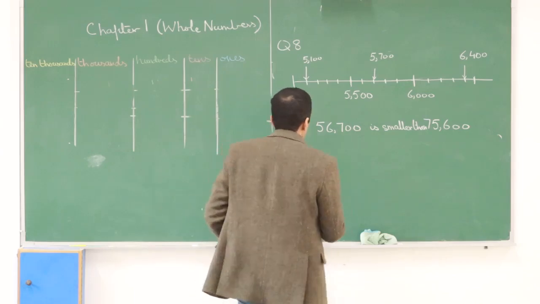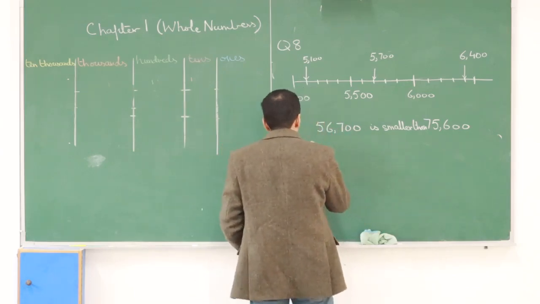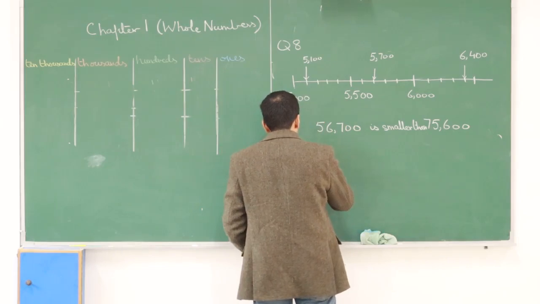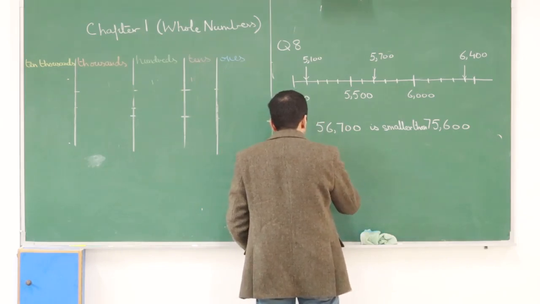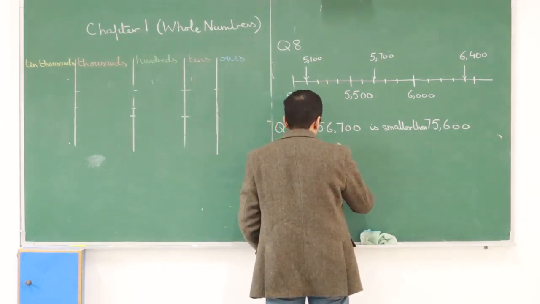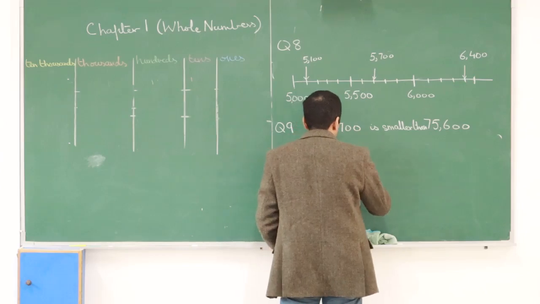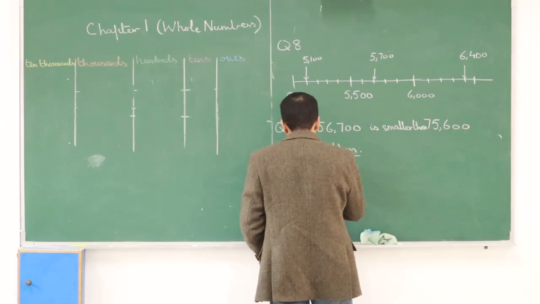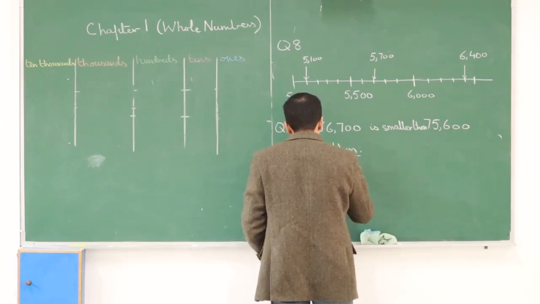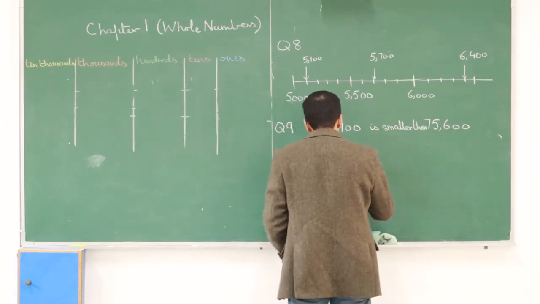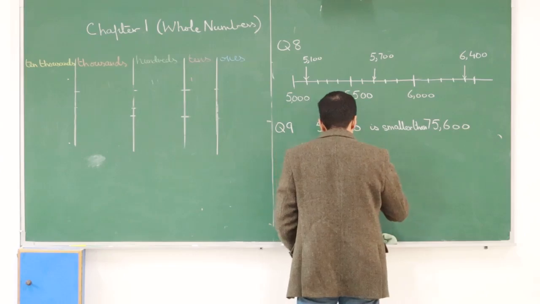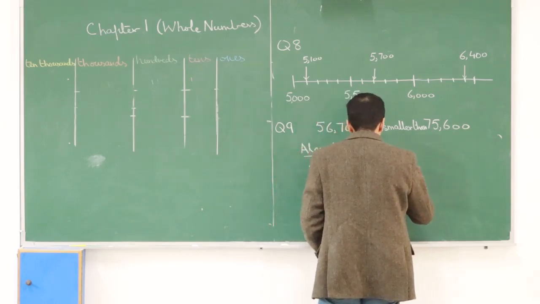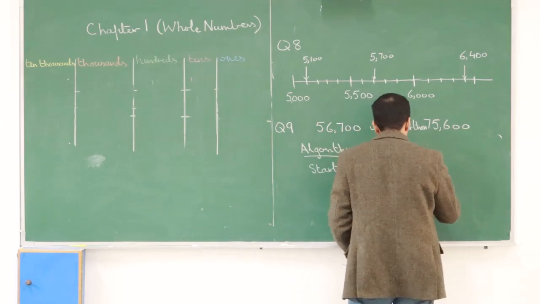Okay, so this is your algorithm. You had come up with a very good algorithm, a correct algorithm, I might add. Your algorithm was: start from the left, from the most significant digit.